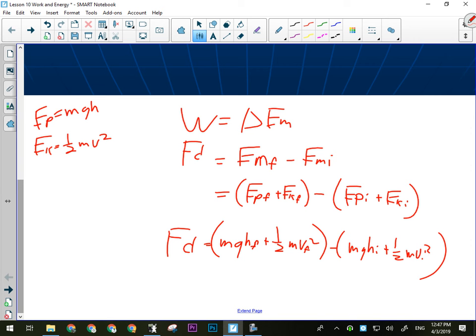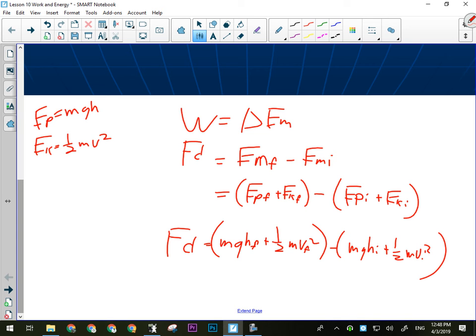And the question then could ask you, if the work is done over 100 meters, calculate the force. Then I would isolate F. Or if it said this much work is done in joules and gave me a bunch of other information, I could calculate what the final speed of the object would be, or what the initial speed of the object was, or height, or whatever. I can calculate basically any of those variables as long as I have all the others.